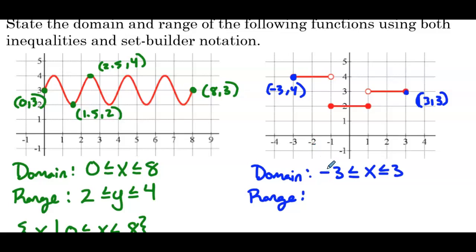So if we can list out the range, if it's finite, there's only a few to list out, we're going to do it like those previous examples with the set of ordered pairs. So our range, we're going to list out the values 2, 3, and 4. And even though they said to do this using inequalities, since we cannot do that, we revert to just listing out the values in the range.